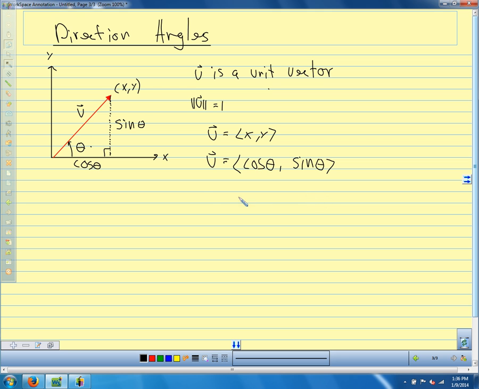Or if we use i and j notation, we could say u equals cosine theta i plus sine theta j hat. So we can talk about the x component and the y component using this angle.